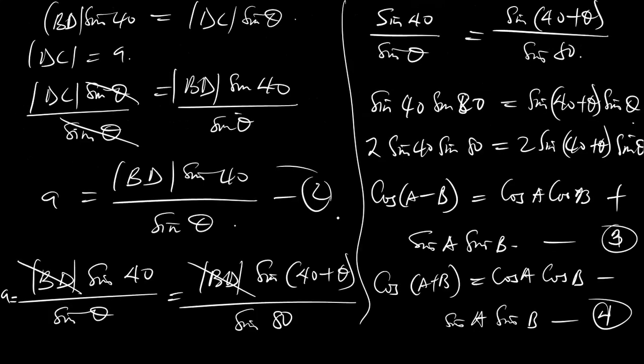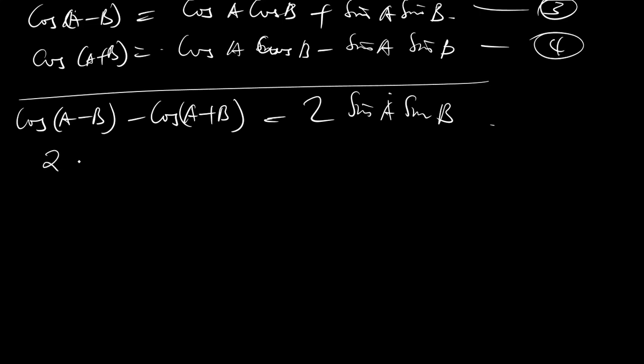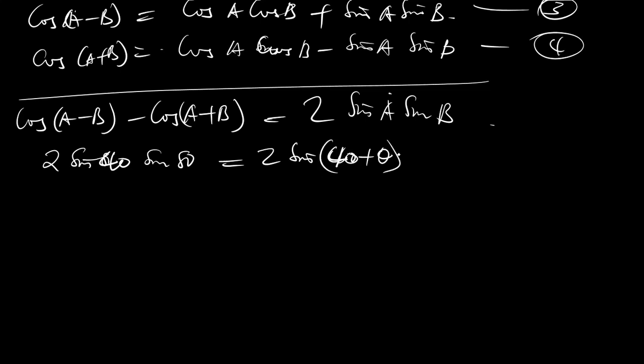Now let's look at this equation. You have 2 sine 40 sine 80 equal to 2 sine (40 plus theta) sine theta.